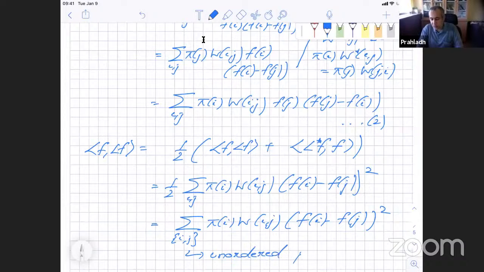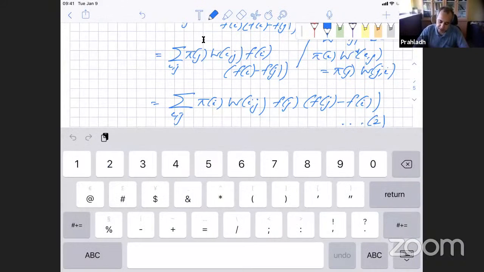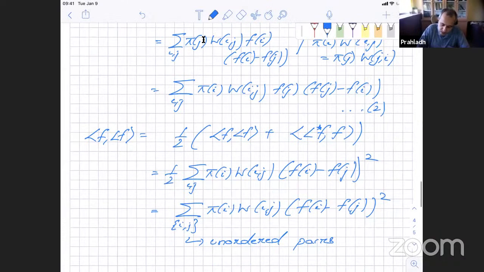You can ask whether the element is going to be counted twice or once. The point is it really doesn't matter because it's fi minus fi square. That quantity really does not contribute to it. So we're talking about distinct ij's only in the definition. So this is what we have shown so far.